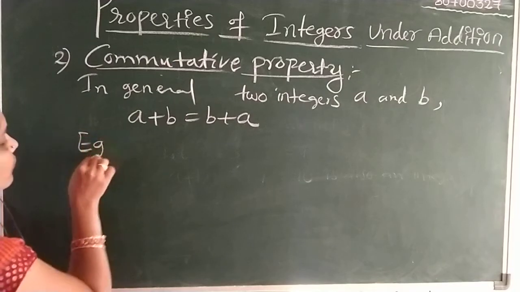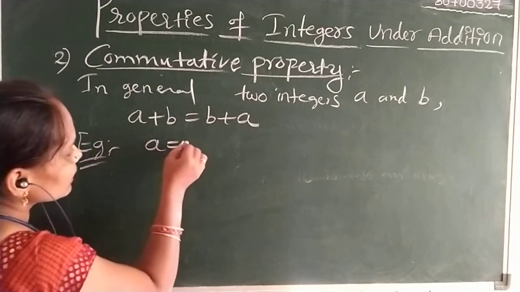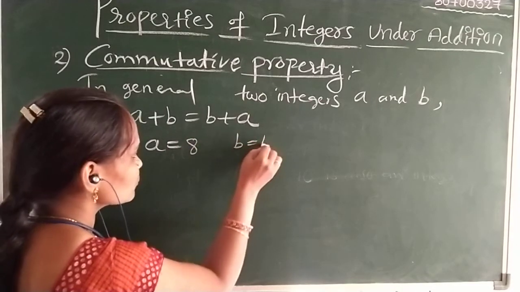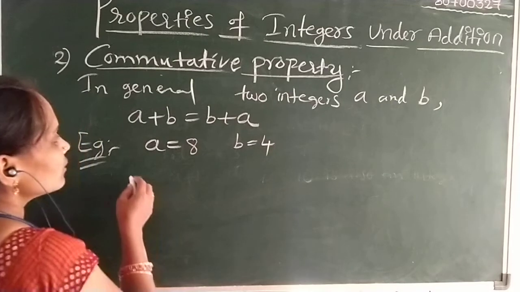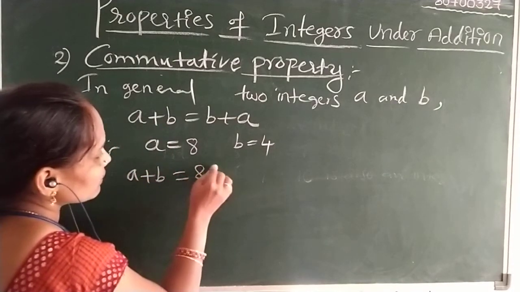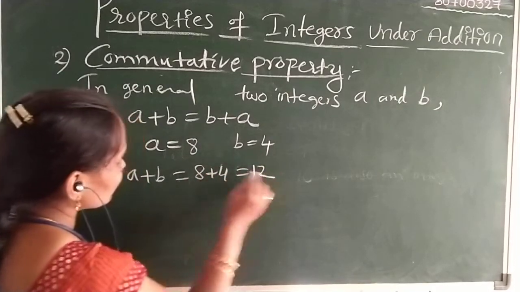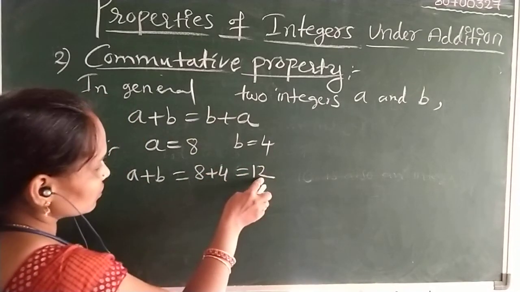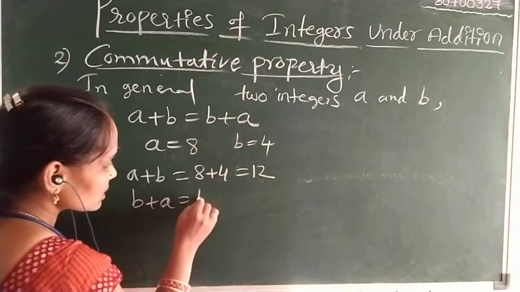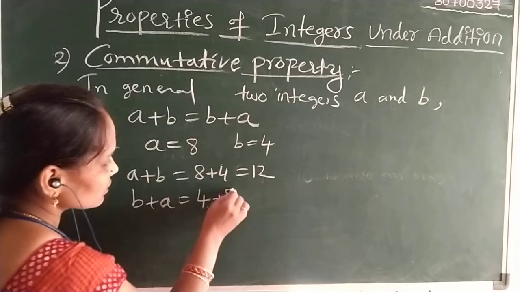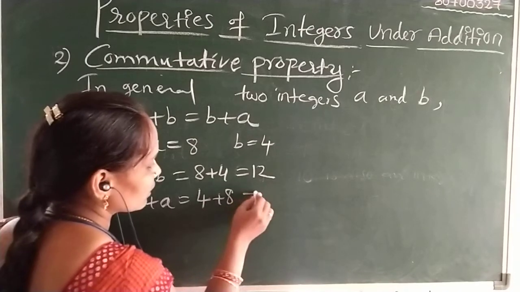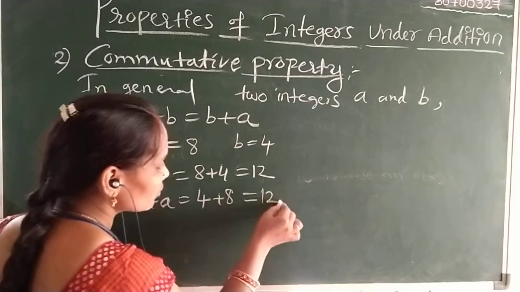Example: let a is equal to 8, b is equal to 4. First take a plus b: 8 plus 4, 12. Now do b plus a. Here we are changing the order of the numbers: first 4, that is b, then a. What answer will you get? 12 only.